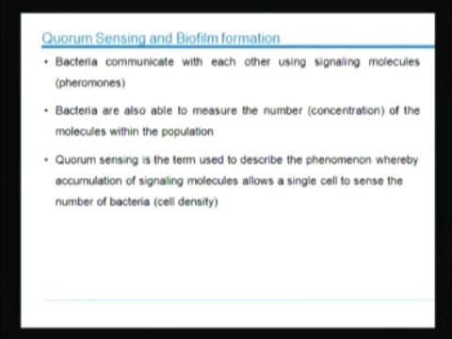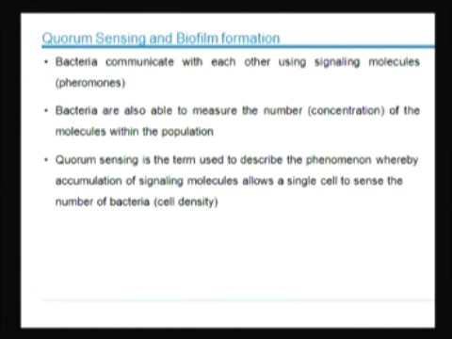Bacteria communicate with each other using signaling molecules. They have a very intelligent way to communicate and to sense danger coming, and this is due to what we call pheromones. The bacteria are also able to measure the number or concentration of the molecules within a population. This is what we call quorum sensing, a signal for the bacteria to start developing a mechanism of defense.